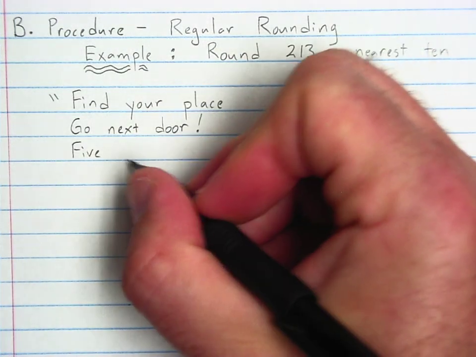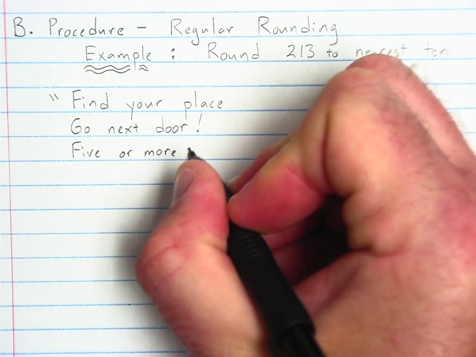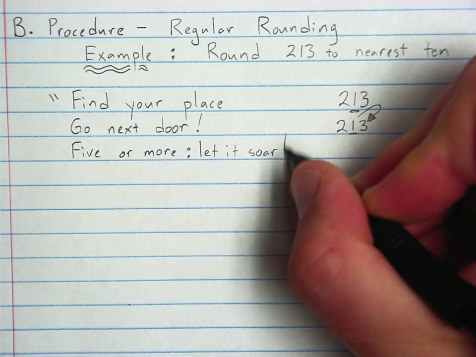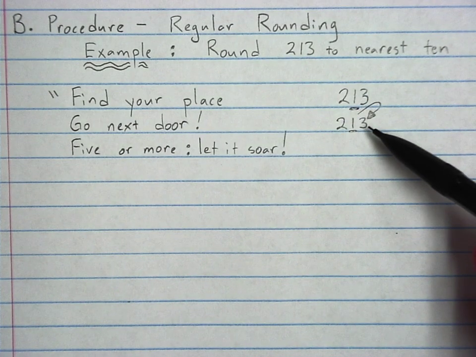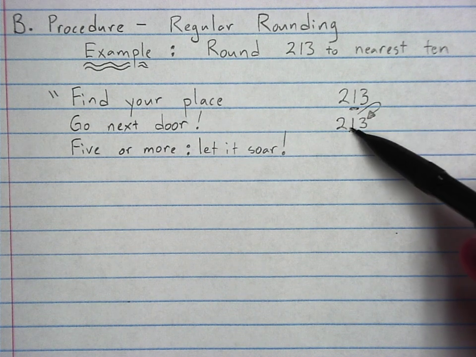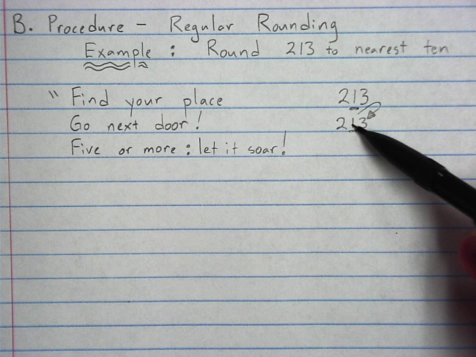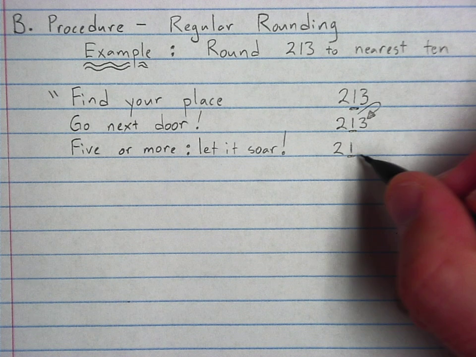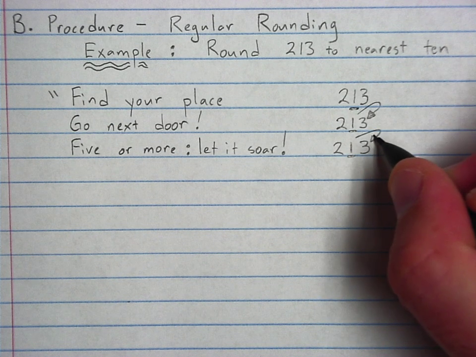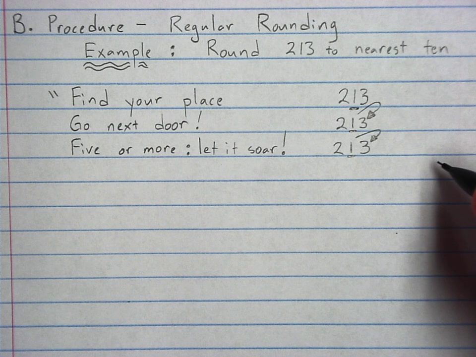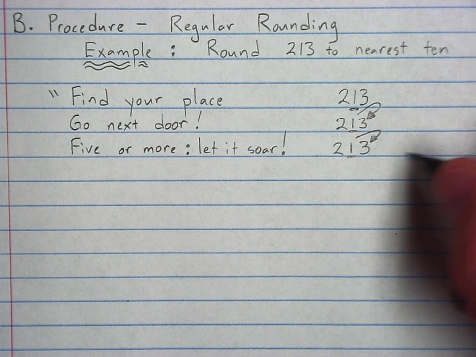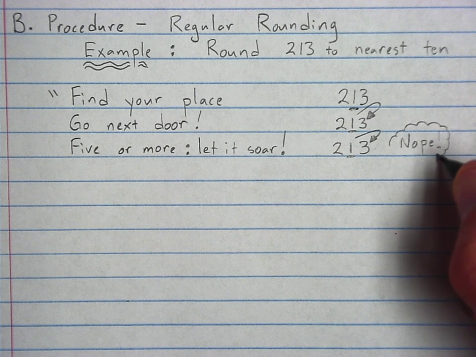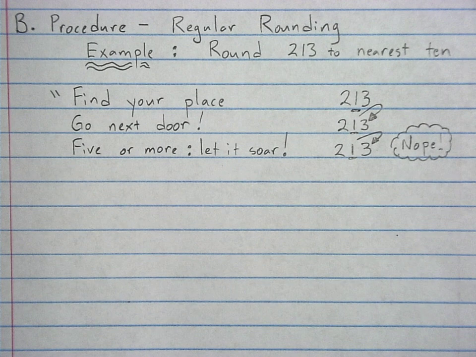Now the rhyme continues, 5 or more, let it soar. So if this is 5 or more, it's going to tell the number in the tens place, the number we're rounding to, to soar. Well, the number in the tens place looks next door, and that is not 5 or more. That is less. So I think to myself, nope, it is not 5 or more.